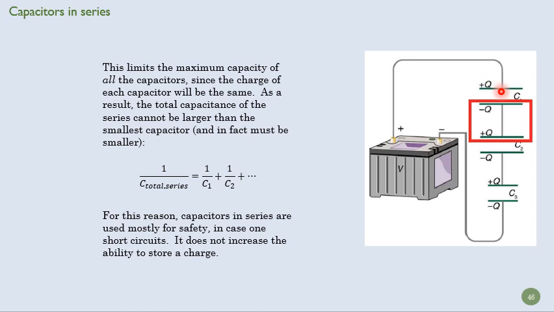But in this situation, if that accidentally discharged, then basically it would be as if I now only had two capacitors in series. You wouldn't get that full breakdown of the circuit. So you see capacitors in series mostly for a safety reason.